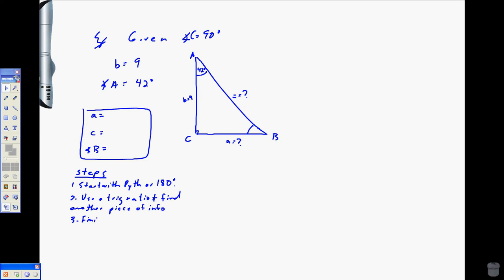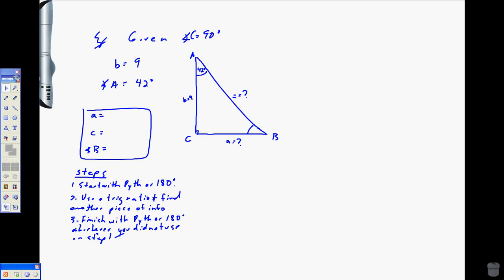Finish with Pythagoras or 180 degree rule, whichever you did not use in step 1. So finish with Pythagoras or 180 rule, whichever you did not use in step 1.